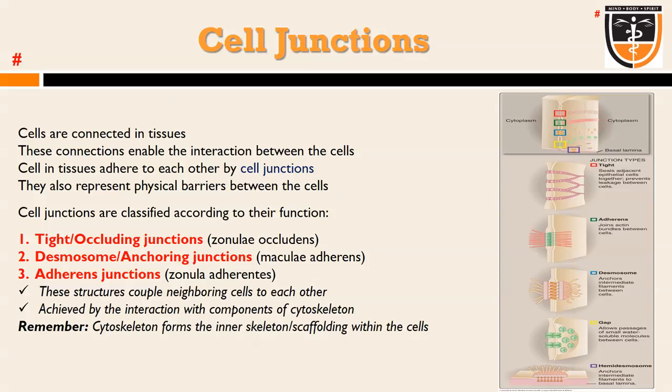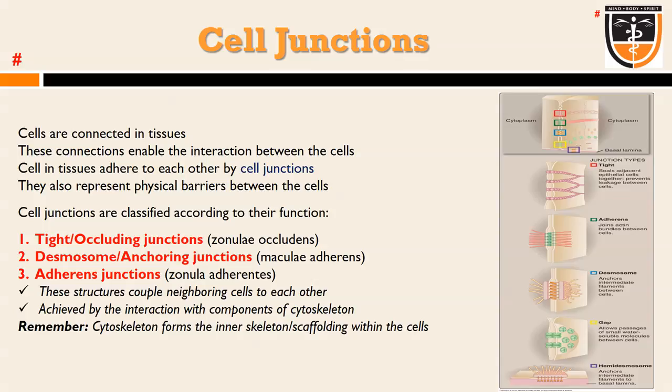So let's talk about cell junctions. These are the structures that connect two cells. We know that all the cells are connected in tissue. If they're not, we will not have a tissue. They'll be floating all around. And this connection will enable the interaction between the cells. Cells adhere to each other through these structures that we know as cell junctions.